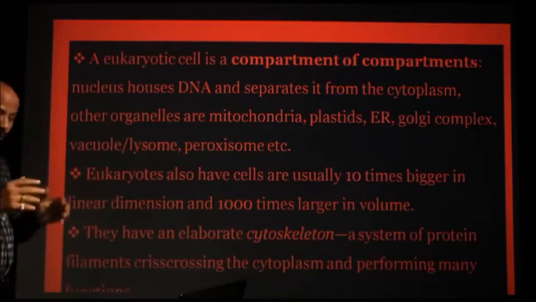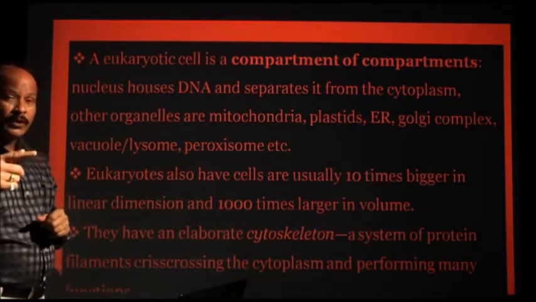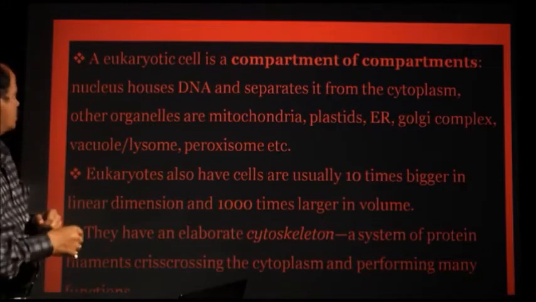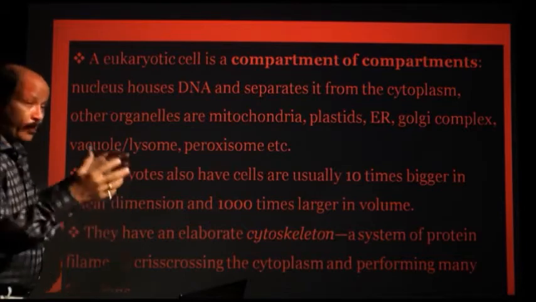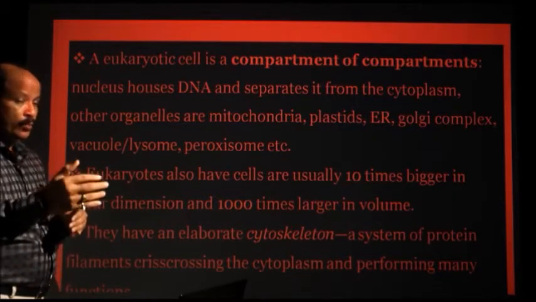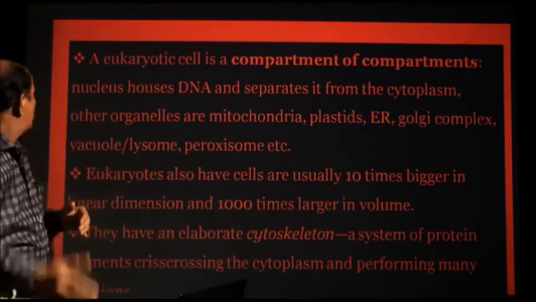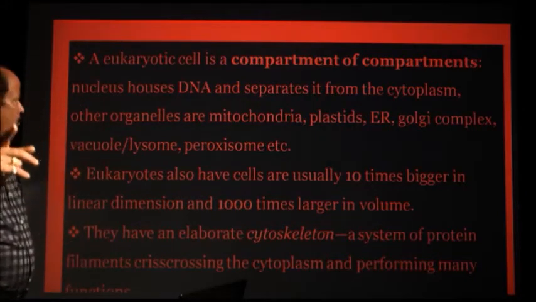Now eukaryotic cells are larger in comparison to prokaryotic cells, right? It is a complex cell. As they came to this earth later, almost 200 crore years after, these are complex cells. They house their DNA in the nucleus.